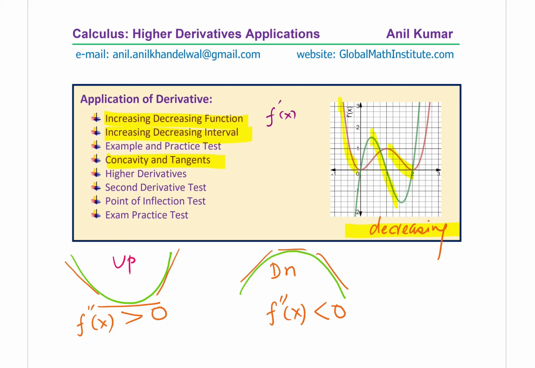And at a point of inflection, the tangent will actually not remain up or down, right? It crosses the curve. So in this case, as you can see, the tangent crosses. Here it is above and here it is below.